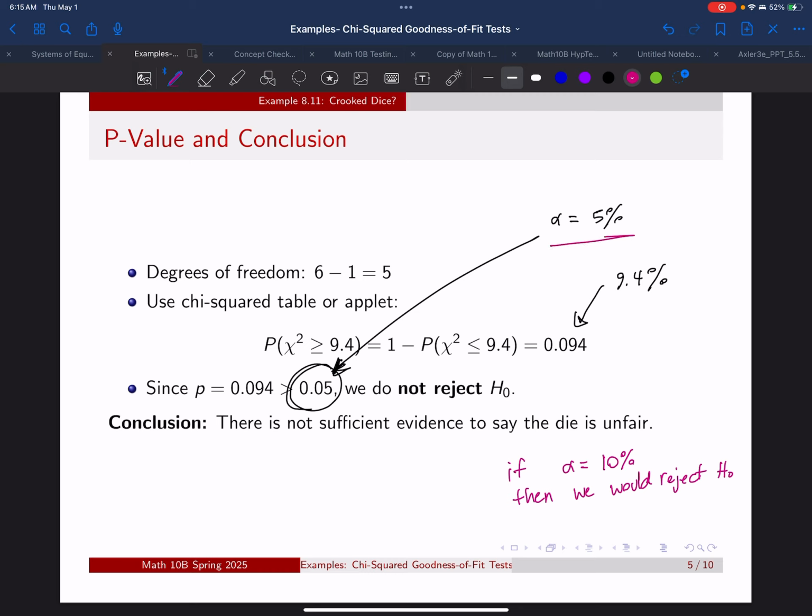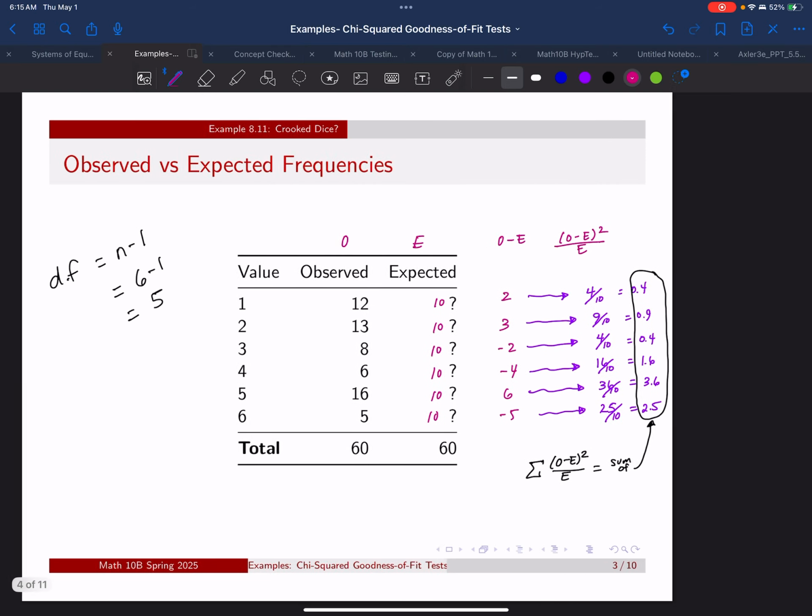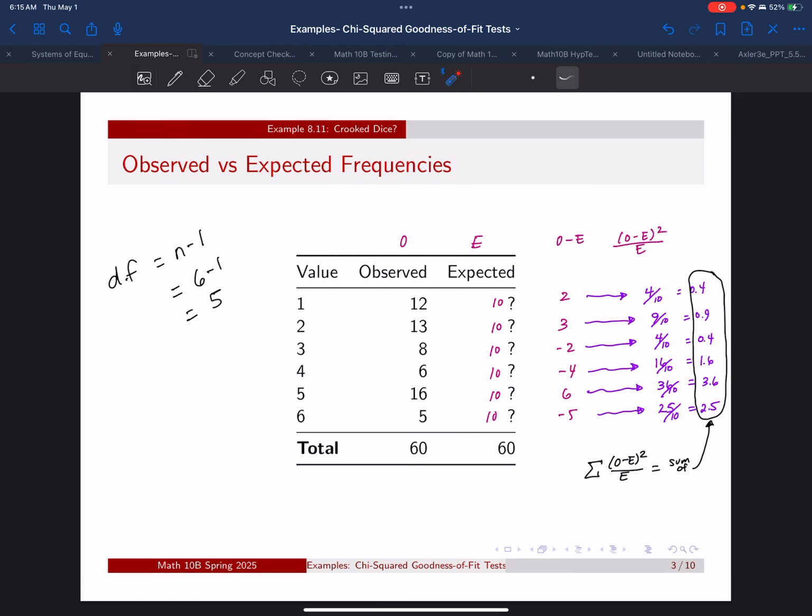But at the 5% level, we don't have evidence to reject, which means, yeah, with these observed values, they're a little off from the theoretical distribution, but they're not so off that it causes us to question whether the die is fair.